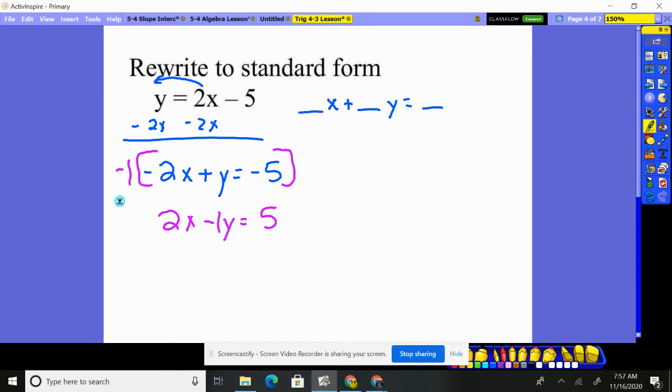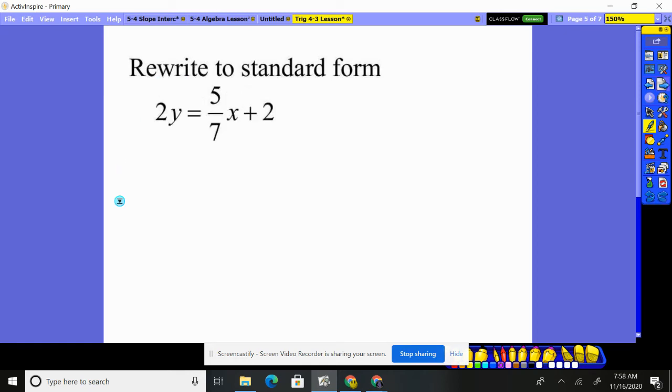So we're great. What about this guy? What do I do here? Well, same thing. You could clear the fraction out first if you wanted, or you could move the x over. Let's go ahead and clear the fraction. It's a matter of preference. Sometimes I do, sometimes I don't. So what are we going to multiply through by? Well, if we're dividing by 7, let's multiply the whole thing by 7.